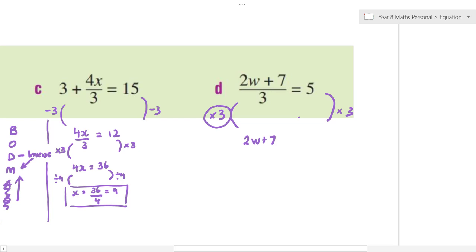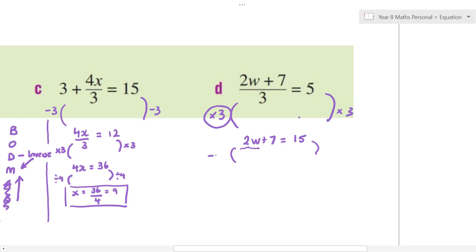So we're left with 2w plus 7. And, of course, what we need to do is multiply the right-hand side by 3, which is 15. Okay, what's furthest away from the w? The plus 7. Good.